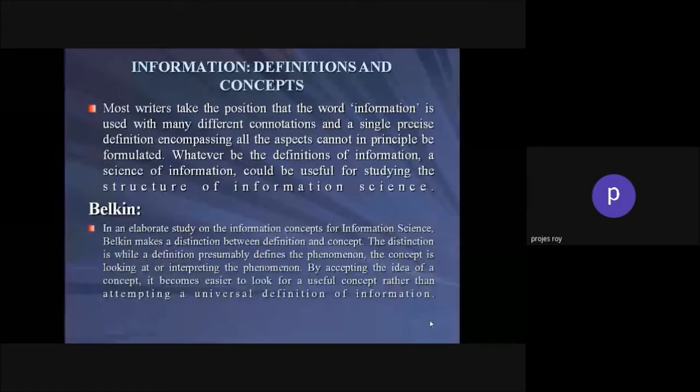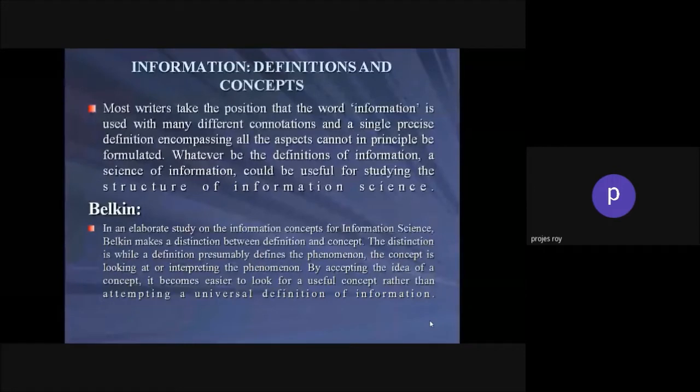He made a study of the information concept of information science. Belkin makes a distinction between definitions and concepts. While a definition presumably defines the phenomena, a concept is looking at or interpreting the phenomena. By accepting the idea of concept, it becomes easier to look for a useful concept rather than attempting a universal definition of information.